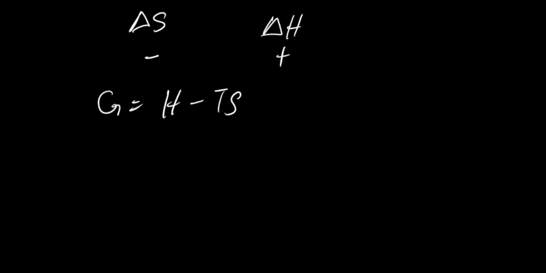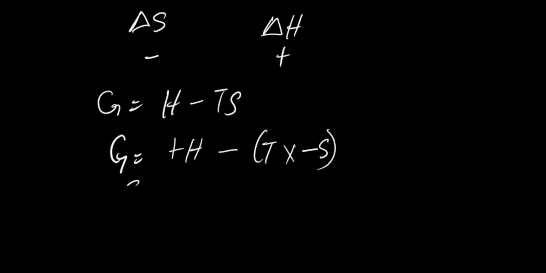In a condition where we have the entropy to be negative and we have the enthalpy to be positive. Okay, so we have G is equal to H minus Ts. Under this condition, we would have that G is equal to positive H minus T times negative S. So we would have that G is equal to positive H plus Ts.